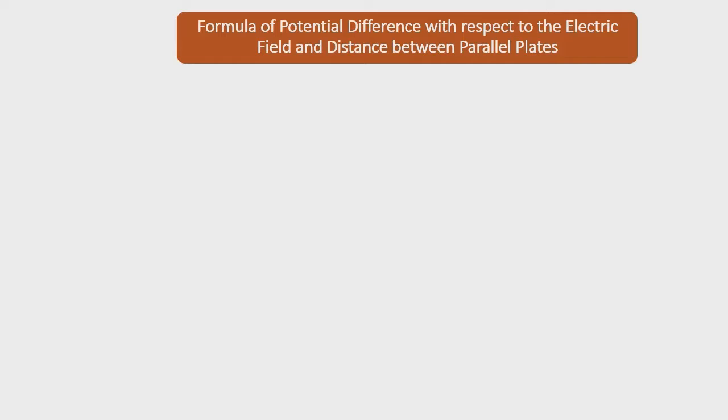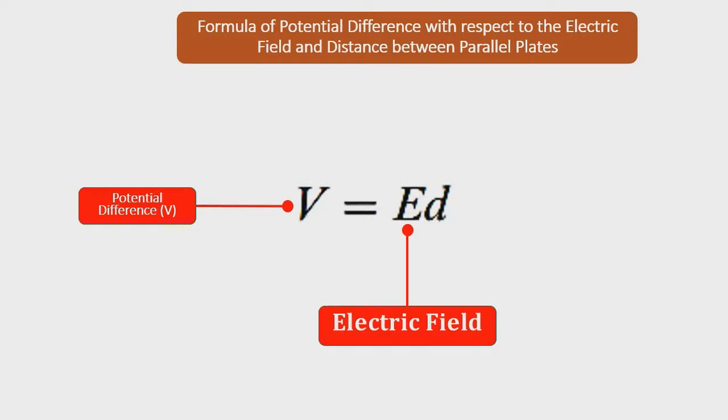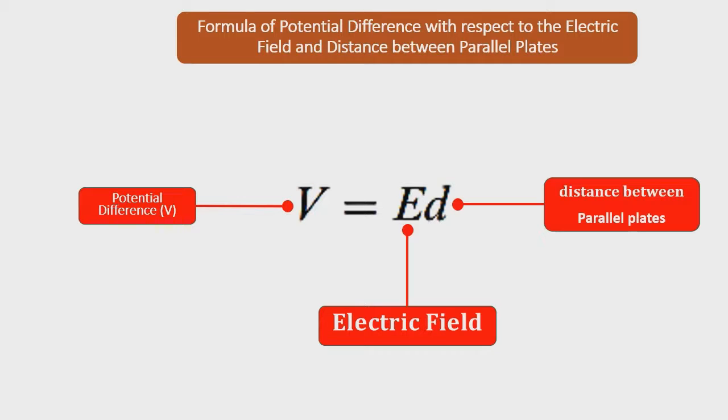So in the case of parallel plates, the two parallel plates will develop an electrical field. So a potential difference can also be calculated from those two parallel plates with a distance called letter D. And the formula given is V is equal to E times D, wherein V is the potential difference and E is the electrical field, while D is the distance between parallel plates.